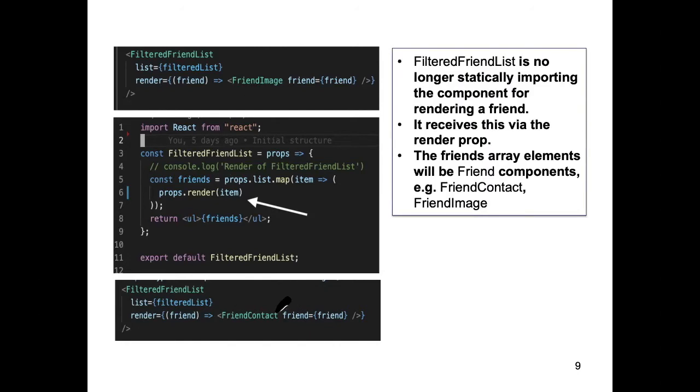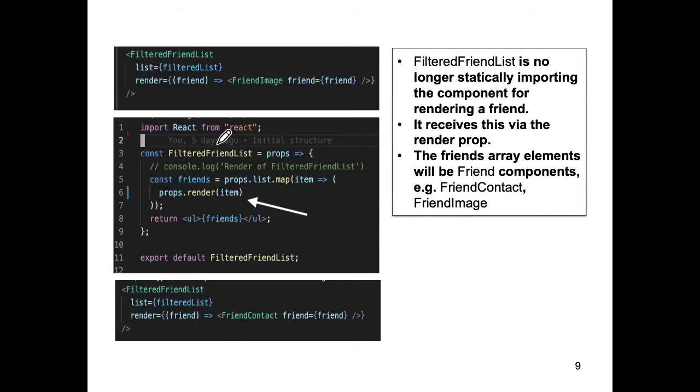So the filtered friends list is no longer statically imported. If you look back at the filtered friends list component that I gave you in the previous lecture, I actually had an import statement here where I statically imported the friend component.